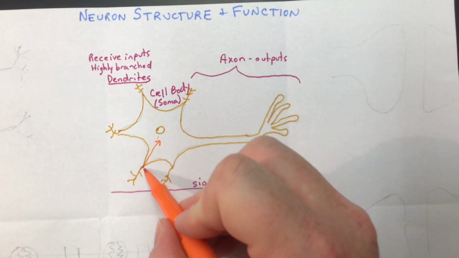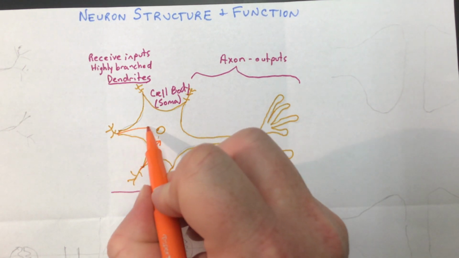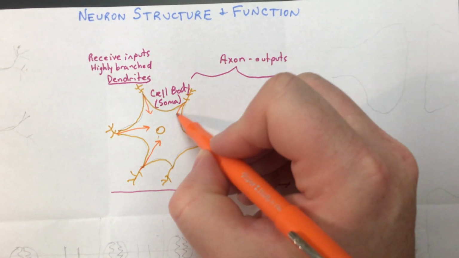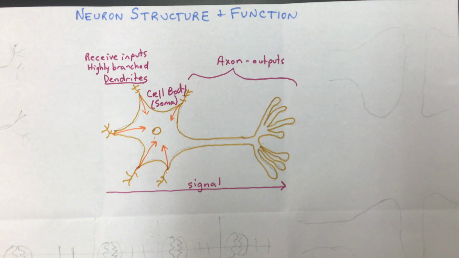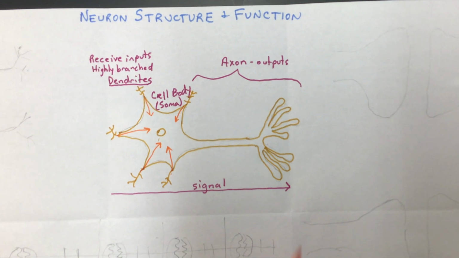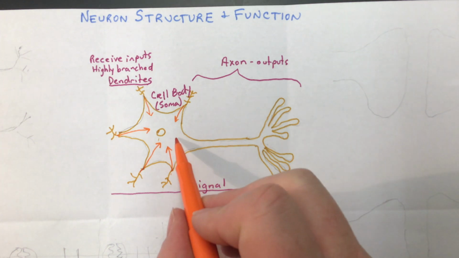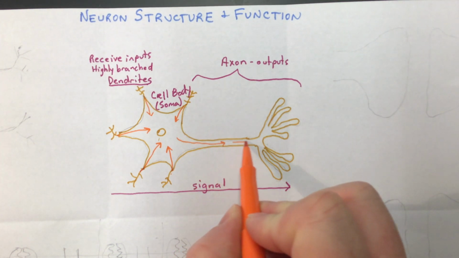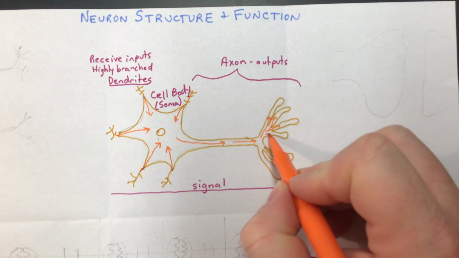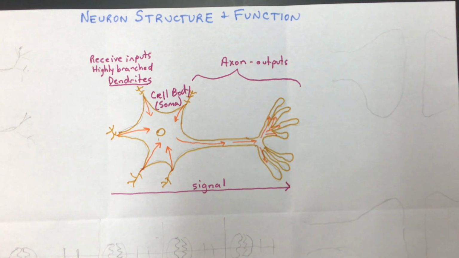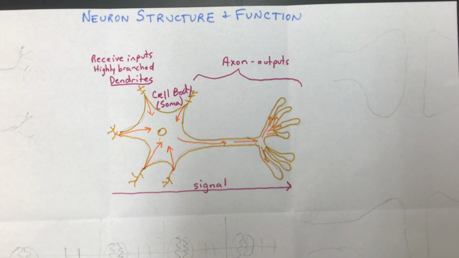This dendrite could be touching another cell, send a signal in. So neurons are getting all of this information from a bunch of different cells at the same time. That information is integrated in the cell body, and then that information is sent down the axon and can be sent to a bunch of different cells simultaneously.